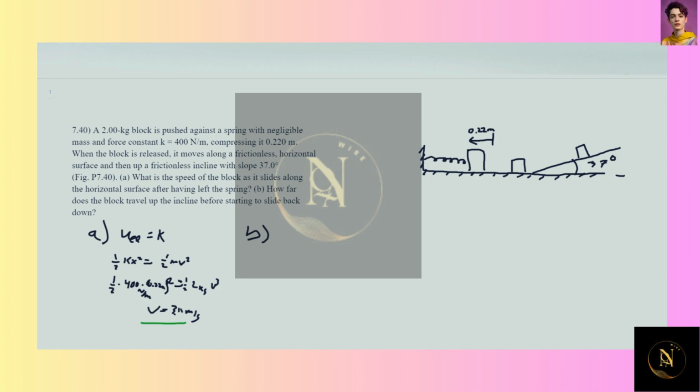If we set this to be y equals 0, gravitational potential energy equals 0, and up here it has stopped before it starts sliding back down, so its kinetic energy is 0. So we can set kinetic energy initial, K1, equal to U2, the potential energy in the second position.